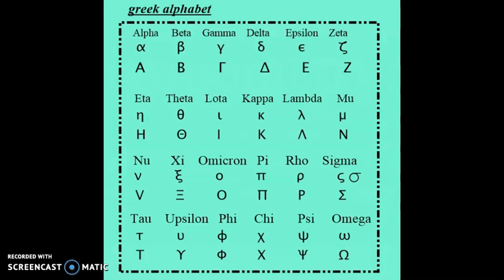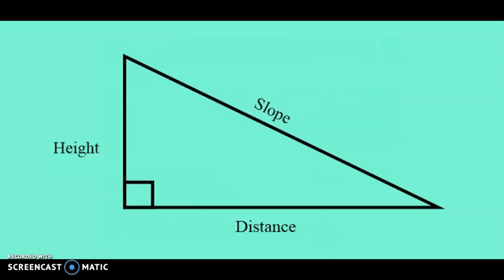We speak of alpha, beta, theta as the most commonly known ones, and the one that a person would know from primary school already is pi. In trigonometry, we refer to three distinct things: a distance, a slope or a rise, and a height, from a level to a pinnacle.